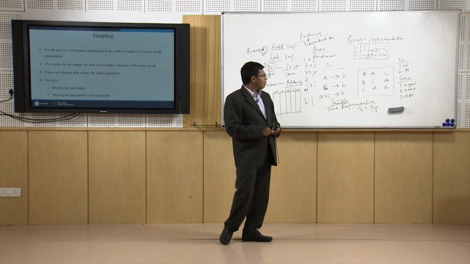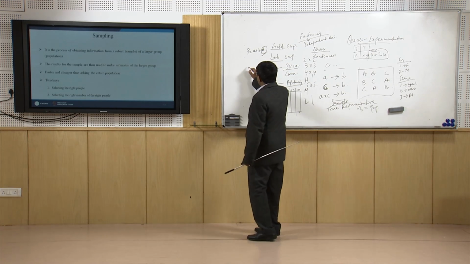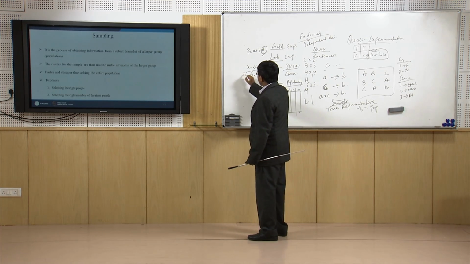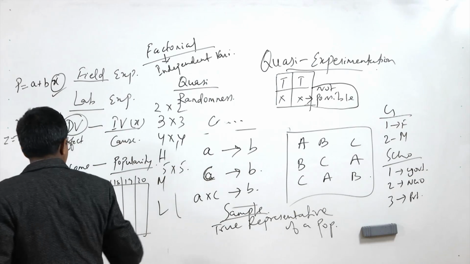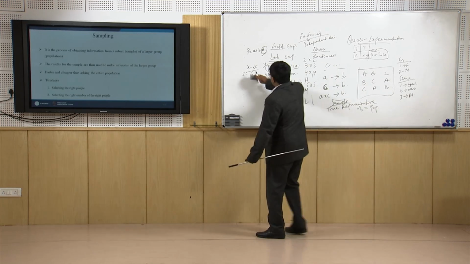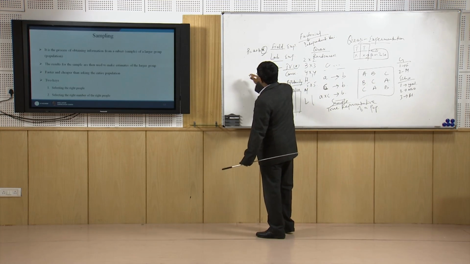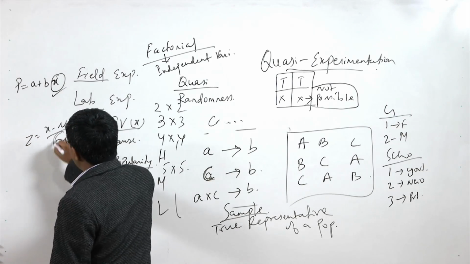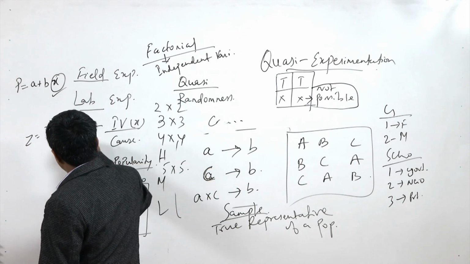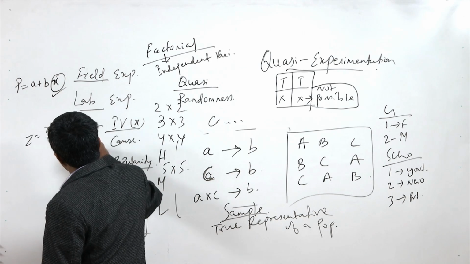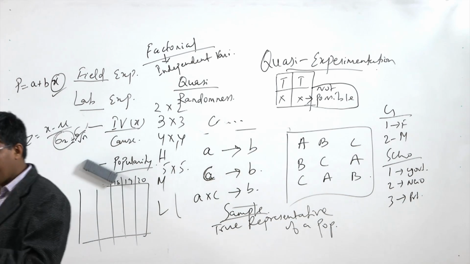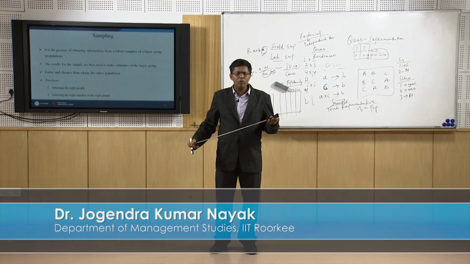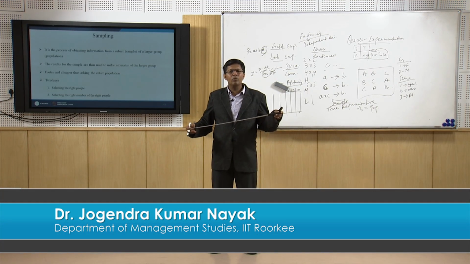We can also use a formula to calculate it. So, z is equal to x minus mu over the standard error, which is equal to sigma over root n. From here we can find out the sample size, but there are also some rules of thumb which I will explain in the next session: how to understand a sample and how to use it.